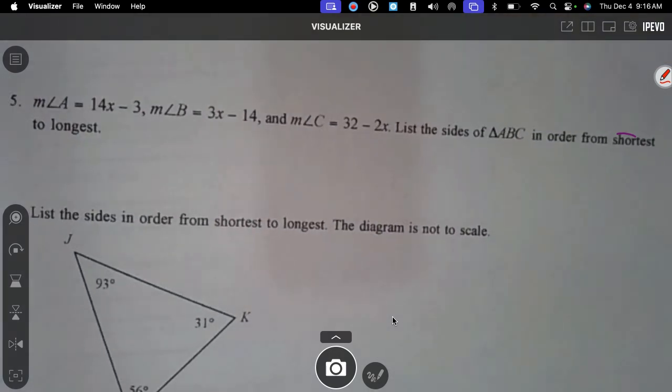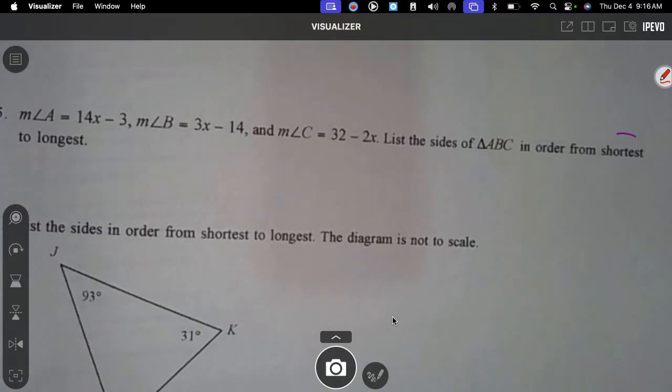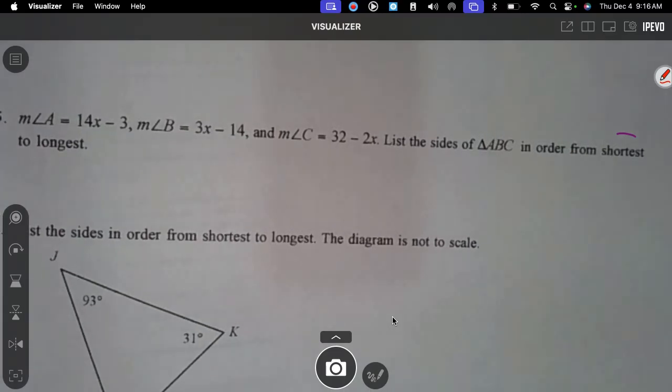Sorry, not that one. It's number 5. Do I have y'all do number 5 or is it on there? I guess I do. This one, let me just try it.